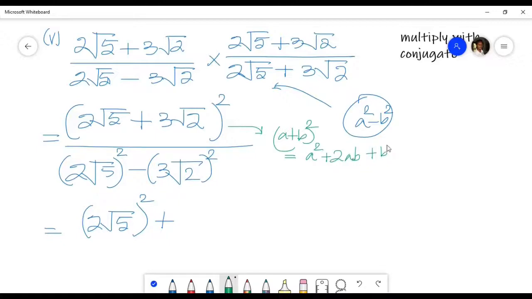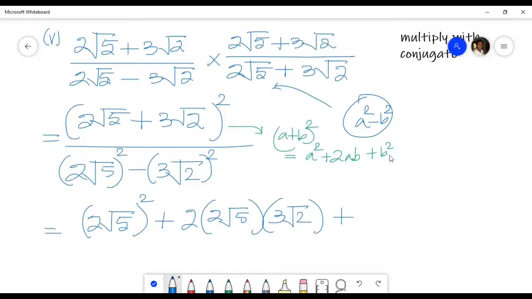So we will just solve it using that expansion of the expression a plus b whole square. 2 into a, and in this term a is 2 root 5 and b is 3 root 2, plus b square, and b square is 3 root 2 whole square.